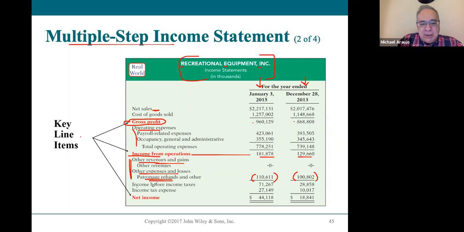That leaves them with a much smaller profit before they assess their income tax expense. After their income tax expense, they have your net income here. So, the company is more profitable than the $44 million that it shows. This is a very profitable business if you just look at it here.